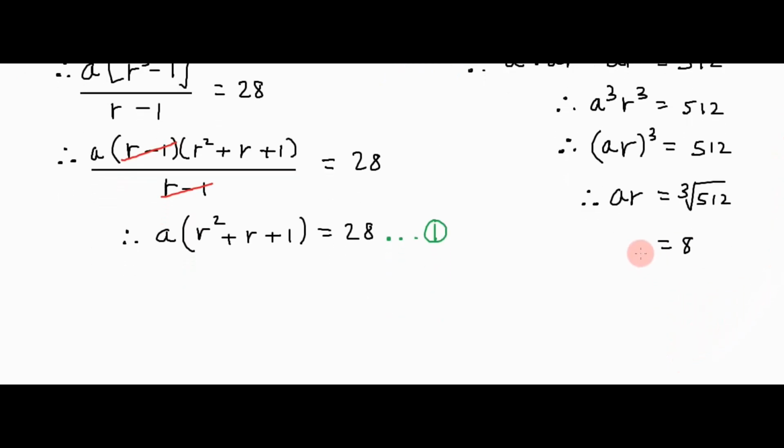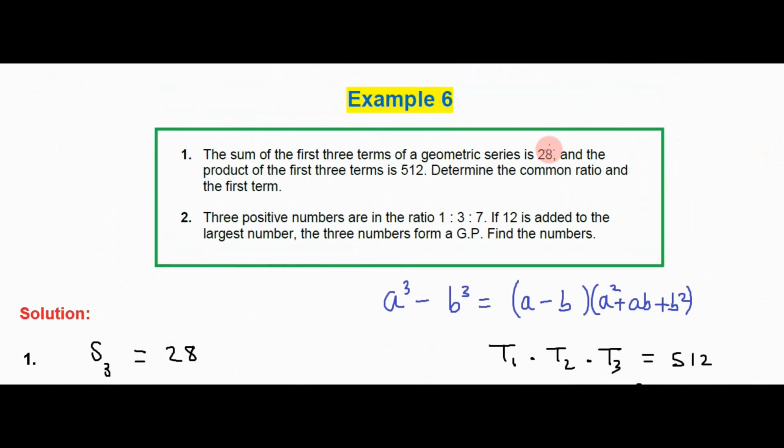Now we can write A in terms of R. So A will equal 8 over R, and we can call this equation 2. We want to solve these two equations simultaneously because the question says determine the common ratio, which is R, and the first term, which is A.